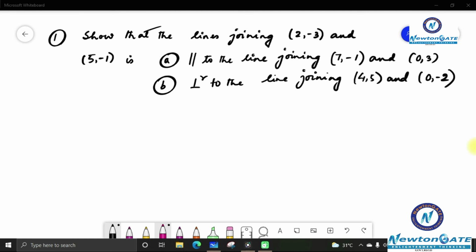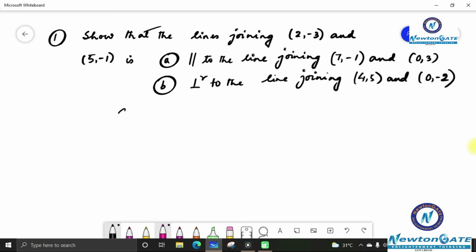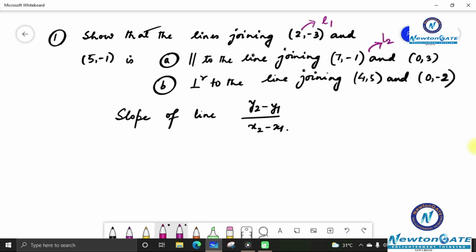Now first and foremost, we have to find the slope of each of these individual lines. By the definition of the slope, as we have learned before, the slope of any line is given by y2 minus y1 by x2 minus x1. So let me consider this as line 1, this as line 2 and this as line 3 for our better understanding.